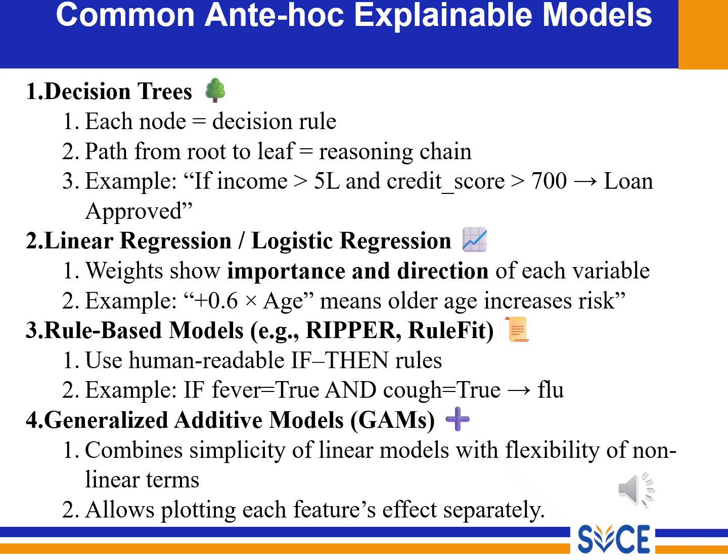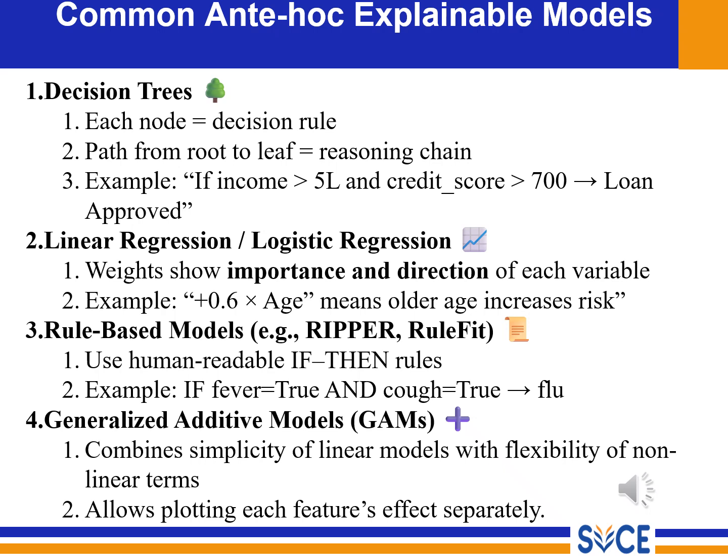In a decision tree, each node equals a decision rule, and the entire path from root to leaf is a reasoning chain. For example, if credit score is greater than 700 and income is greater than 5 lakhs, the loan may be approved. Each node takes a decision.